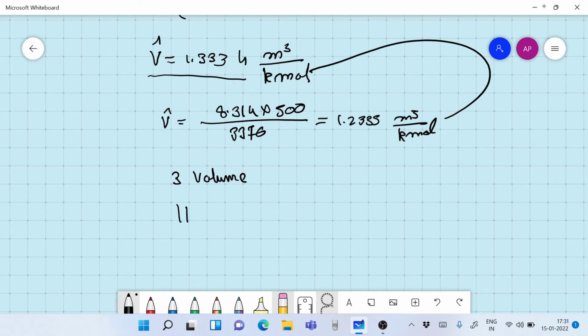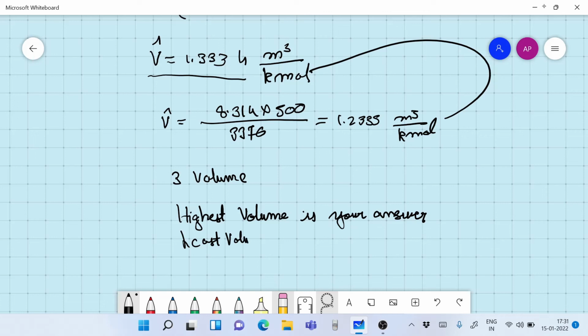Now the highest volume is your answer, because that is the volume of the vapor. The least volume is liquid volume.